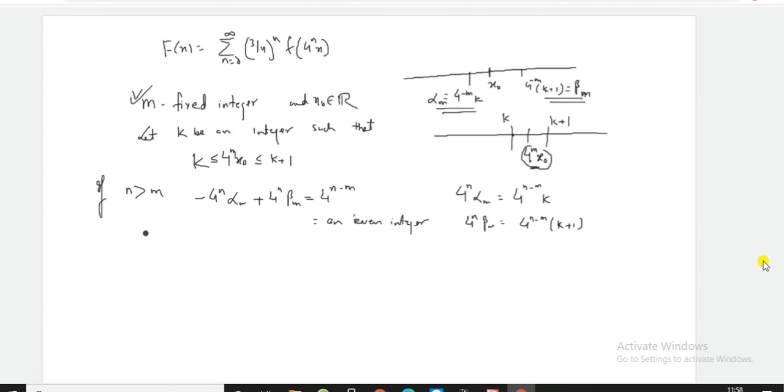Right? And when n is equal to m, then this 4 to the power n beta m minus 4 to the power n alpha m, this difference is just 1, because 4 to the power 0 is 1. Now what happens if n is less than m?